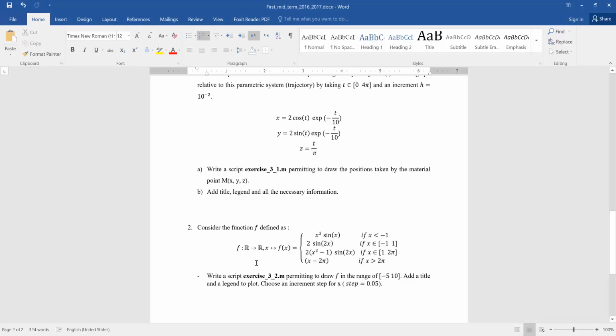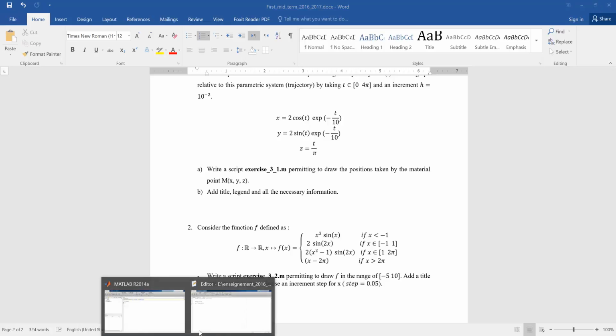The second part is a function f from R to R. At x you give x squared sine x if x is less than minus 1, x squared over 2x if x is between minus 1 and 1, x squared sine 2x if x is between 1 and 2 pi, and x minus 2 pi if x is bigger than 2 pi. You write the script and draw the function between minus 5 and 10, add the title and legend to the plot, and choose an increment step of 0.05.